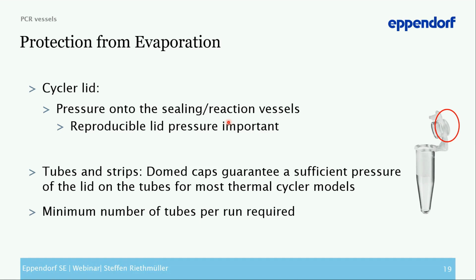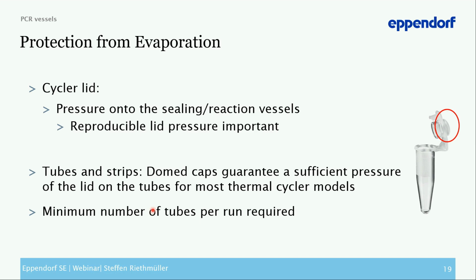And normally when working with tubes or strips, you don't have so many problems with evaporation if you have a thermocycler with a well-working lid. What we recommend is to use dome caps because dome caps are better as the cycler lid can put more pressure on the consumable. And what also is important is that there's always a minimum number of tubes per run required.